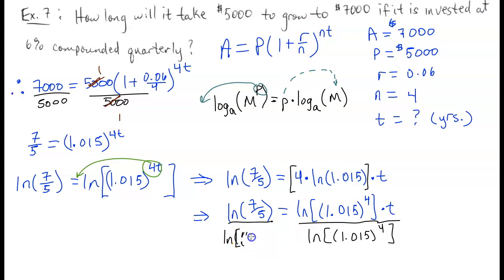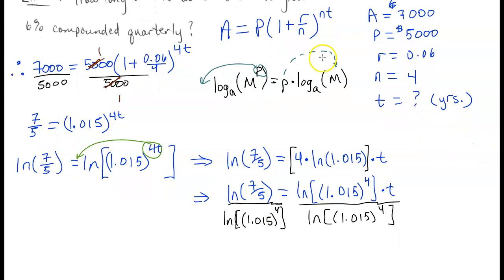It's not writing correctly, so let me just try to start over. Okay, so we have that. And then from here, we know that on the right-hand side, all of this is just going to reduce to 1, and our result will be t on the right-hand side.